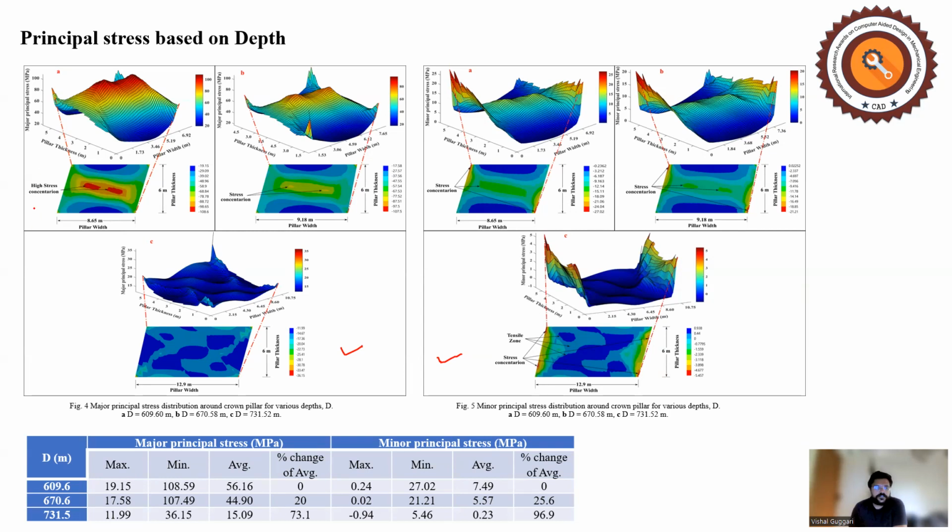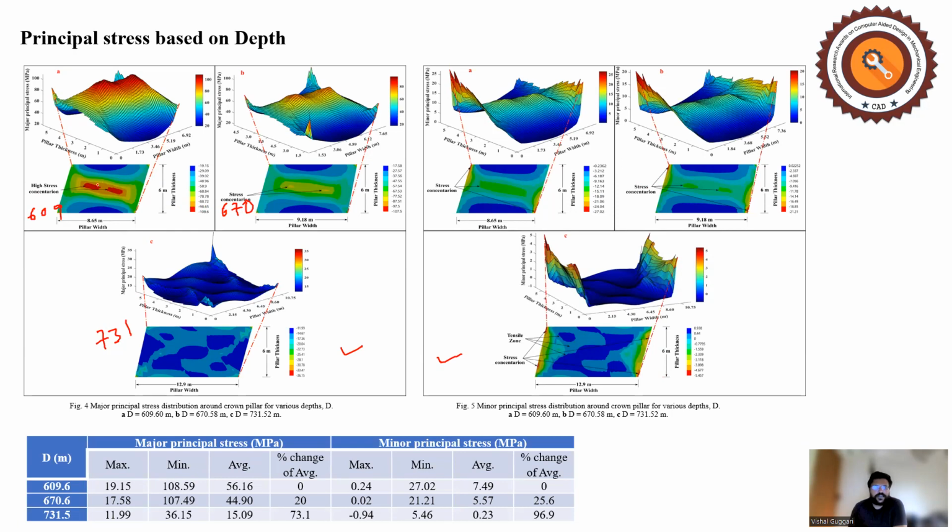This figure shows 609 meters, this shows 670 meters, and this shows 731 meters depth. In general, as you go deeper and deeper, the in situ as well as the induced stresses increase.